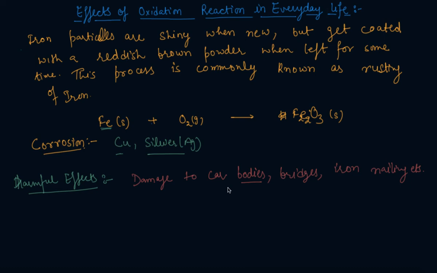Corrosion of iron is a serious problem every year, and an enormous amount of money is spent to replace the damaged iron. Till now we have discussed corrosion and its harmful effects.